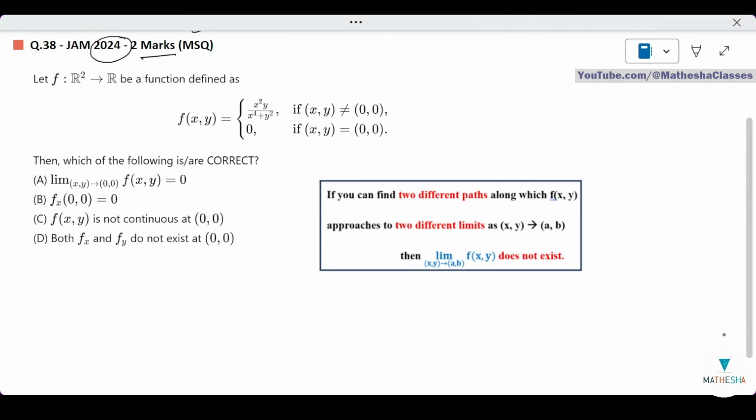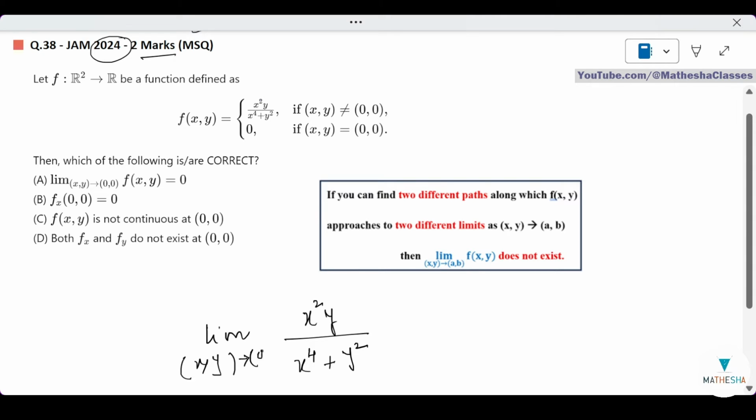So we'll only take the expression of f(x,y) when (x,y) is not equal to (0,0), and that expression is x square y upon x^4 plus y square. हमें लिमिट कैलकुलेट करना है (x,y) टेंड्स टू (0,0) में.